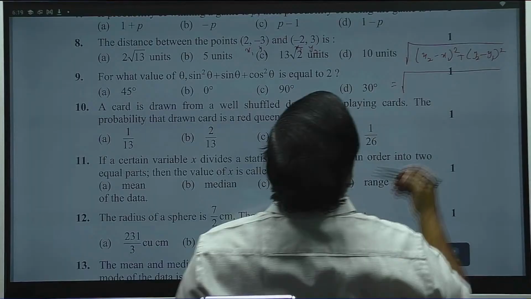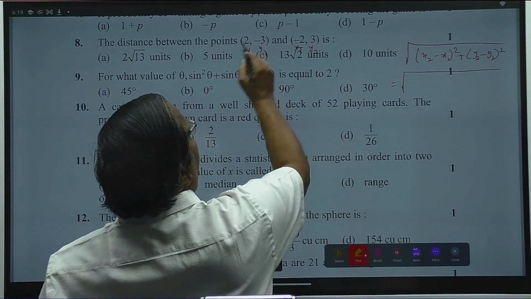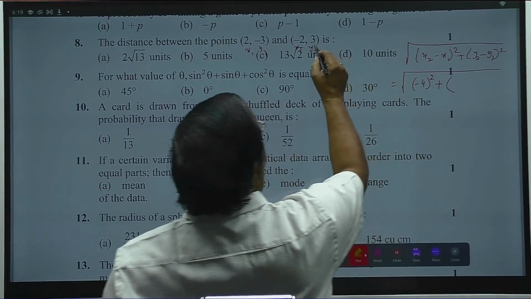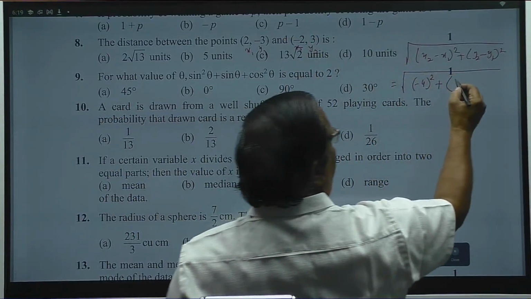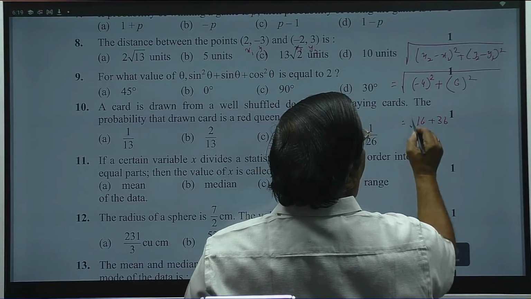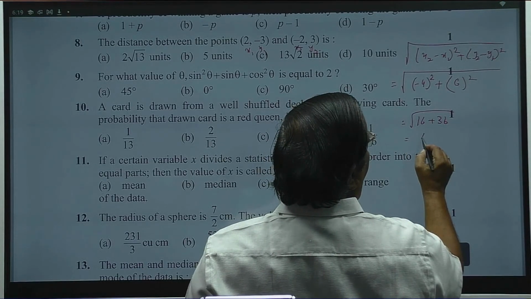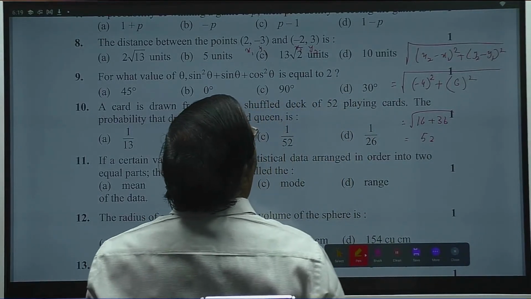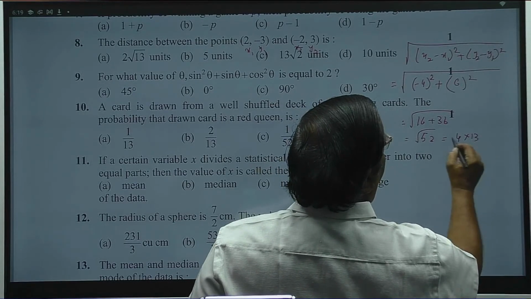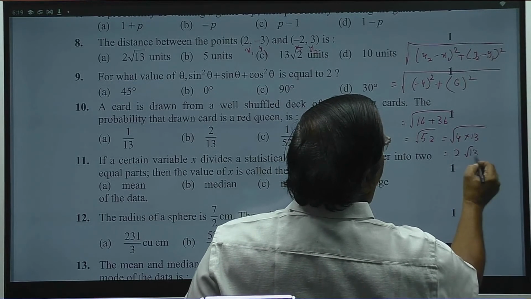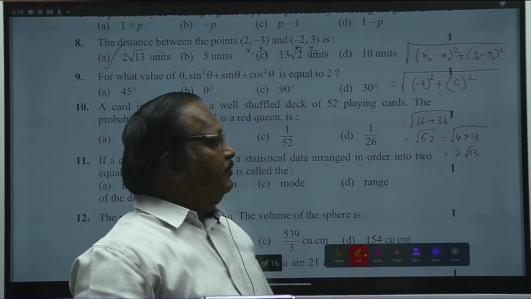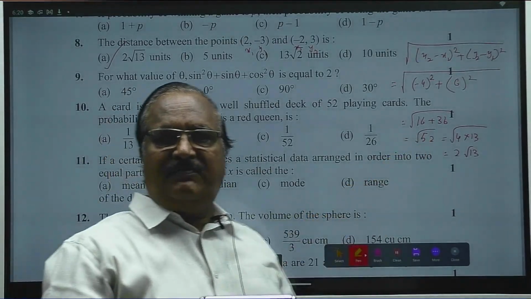So how much? x2 is minus 2 minus 4, so minus 4 whole square. y2 is 3 minus minus 3, like 6 whole square. So 16 plus 36 is equal to 52. So 52, 4 into 13. So it is equal to 2 root 13. 2 root 13 is the correct answer. Okay. Sometimes 52 will be there. So that 52 is also okay.